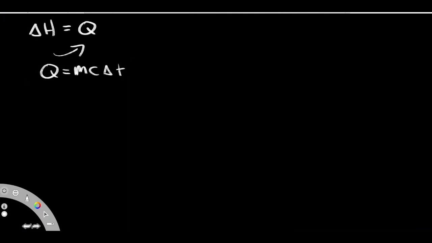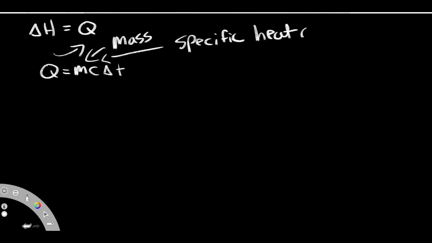If Q is equal to mCΔT, let's label what these are. We already know what Q is, but M is the mass. And C is the specific heat capacity. What is the specific heat capacity?